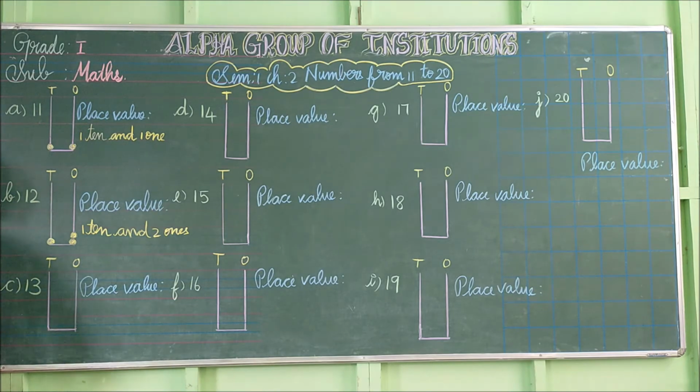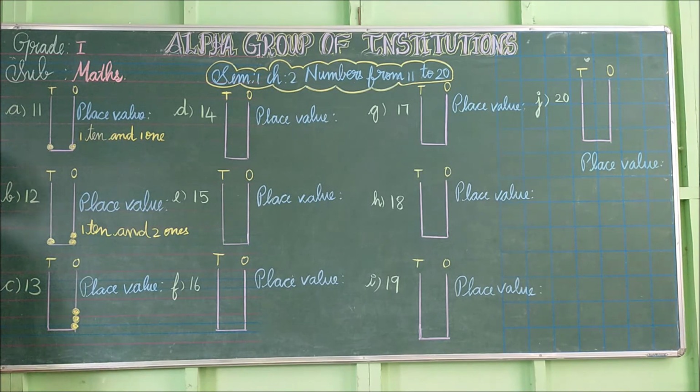Now see for number 13. What do we have in ones place? Yes, we have 3. So I am going to draw 3 beads in ones. 1, 2, 3. So in ones place I have drawn 3 beads. And look at tens place. What do we have?